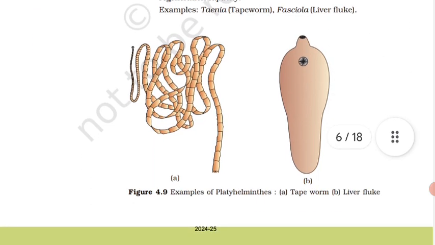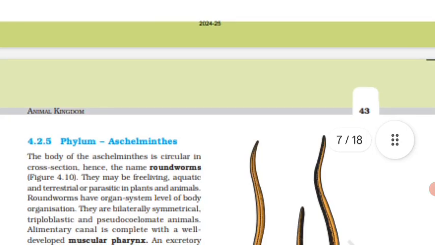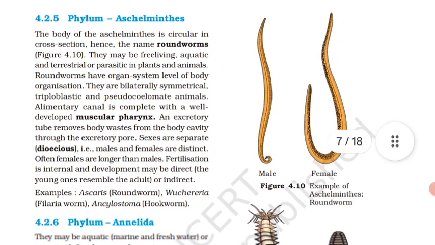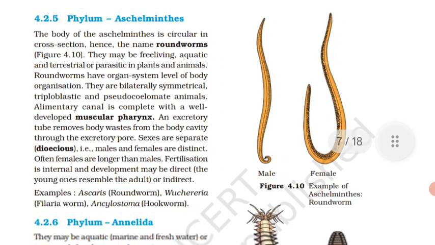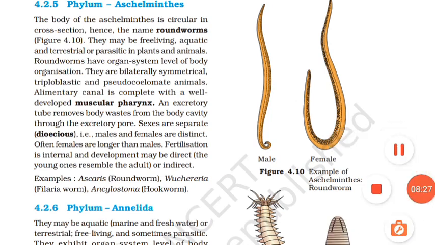They are triploblastic, metamerically segmented and coelomate animals. Their body surface is distinctly marked out into segments or metameres, and hence the phylum name Annelida, from Latin annulus, meaning little ring. They possess longitudinal and circular muscles which help in locomotion.